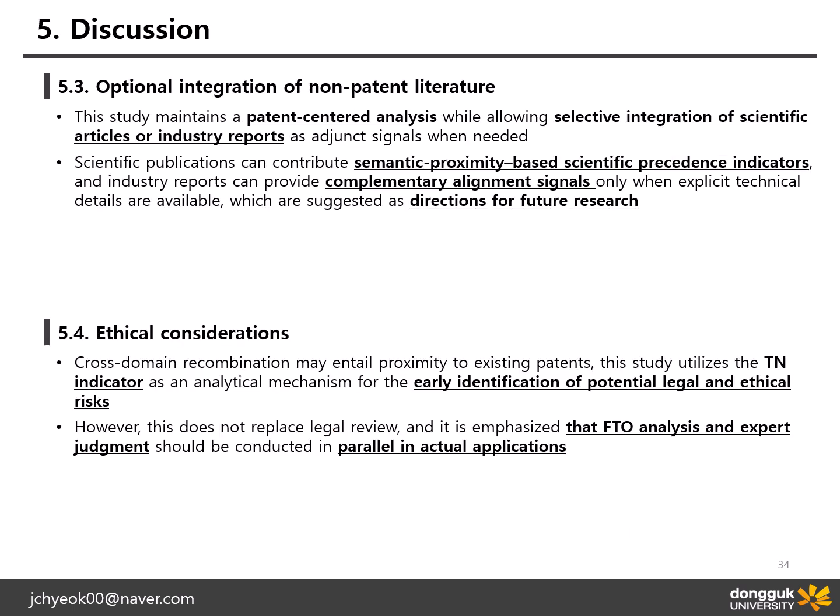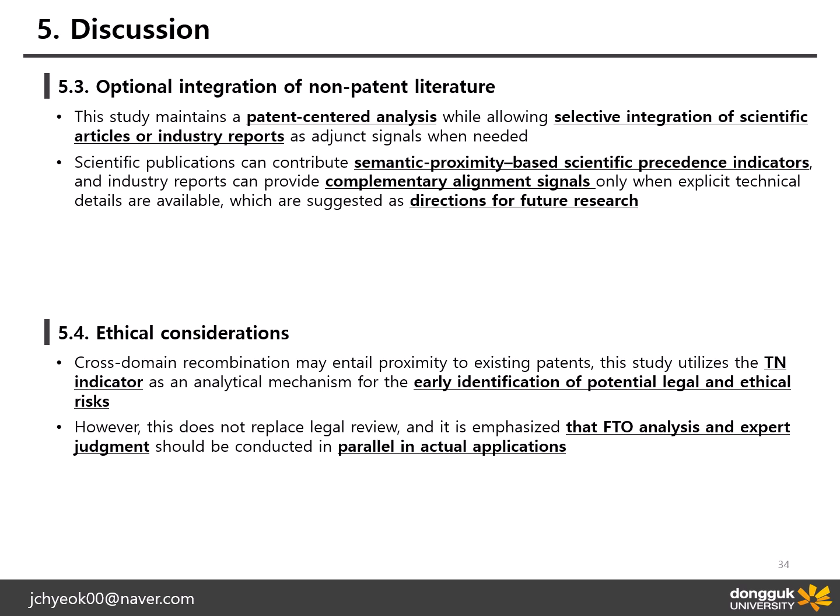While maintaining a patent-centered analysis, this study highlights the extensibility of the proposed framework by allowing the selective integration of scientific publications or industrial reports as supplementary signals when needed.